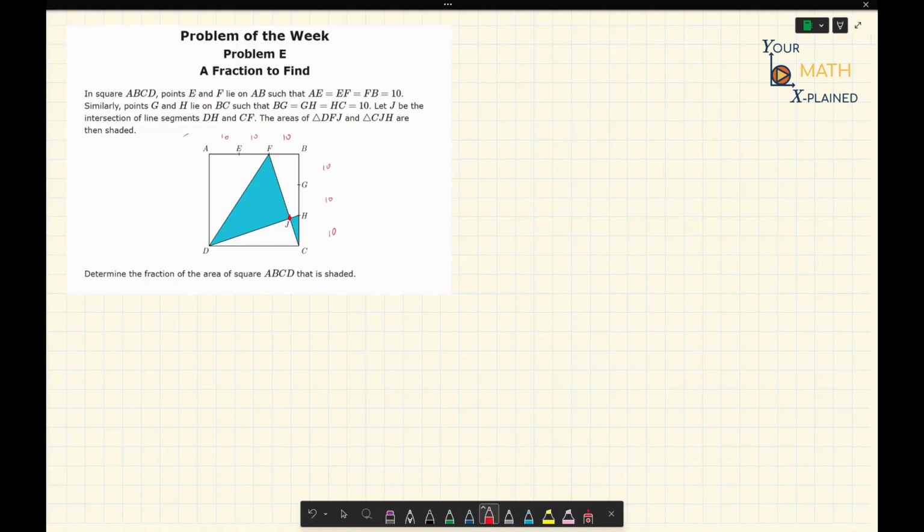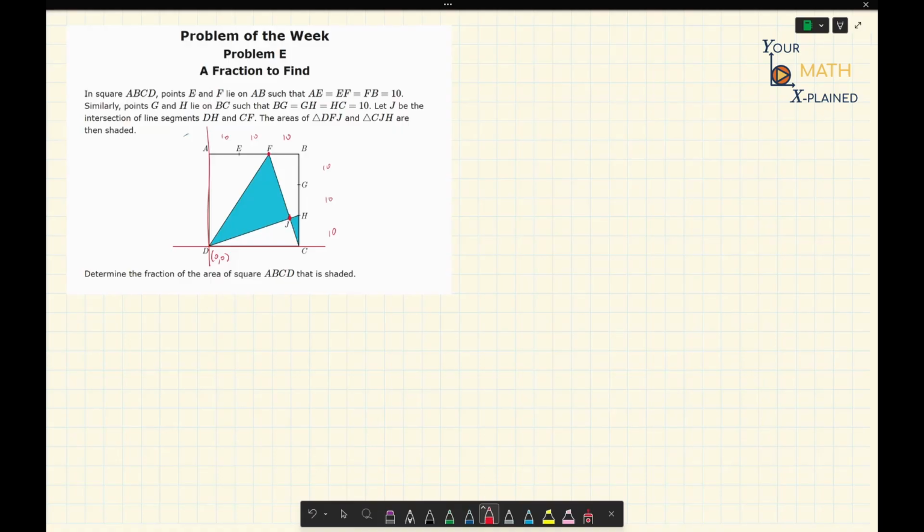For me to find intersection J, I probably want to overlay a coordinate grid so that I can make sense of this problem. So imagine that there's a y-axis right on the left side of the square and an x-axis on the bottom side of the square, making coordinate D here 0, 0. Now we've actually got coordinates for everything.